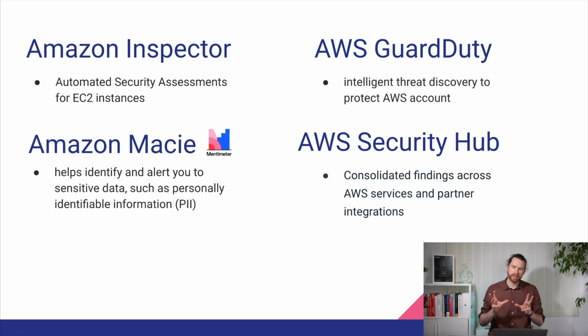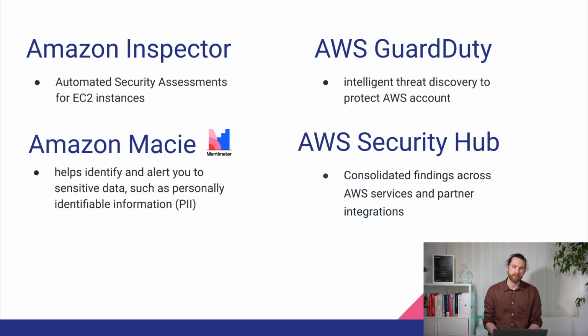Finally, I already talked about lots of security services and tools, and you might want to collect all the information in one place and to have one surface where you can manage these security-related things.